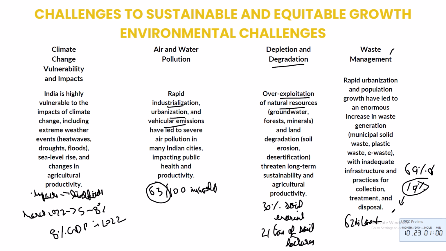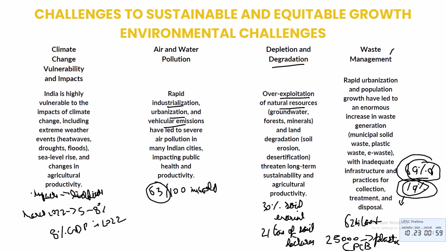This is not a good looking number because not all the trash is collected properly, and not all the trash which is collected is even treated. So that's bad. See, India produces around 25,000 tons of plastic daily, according to CPCB data.